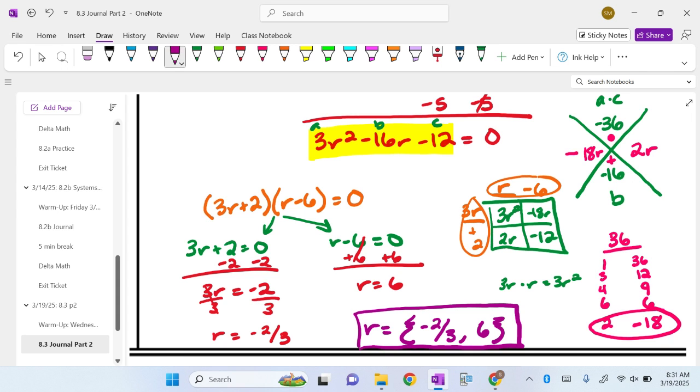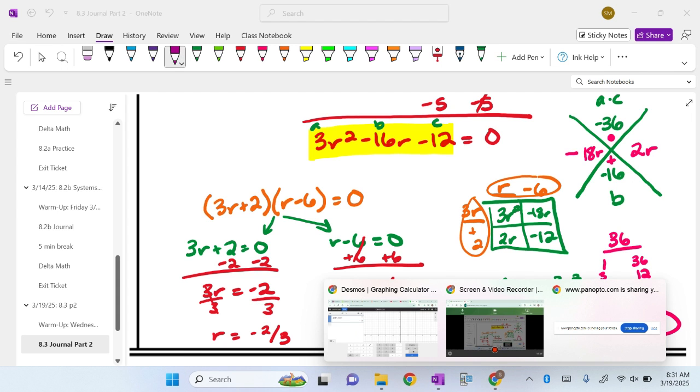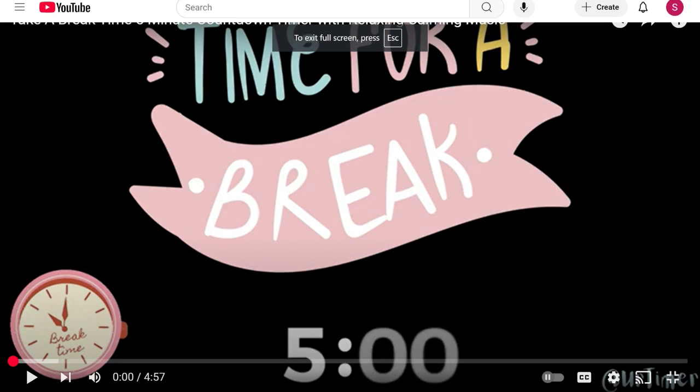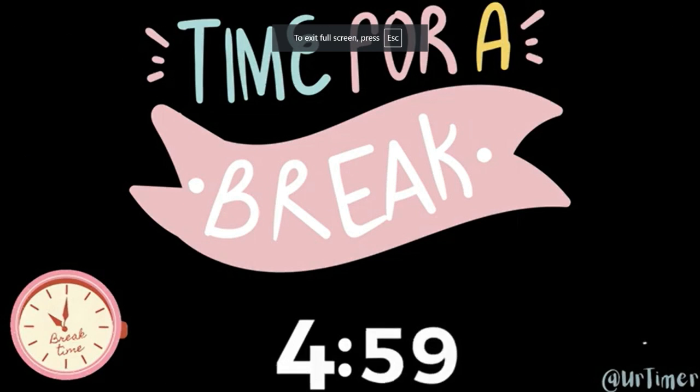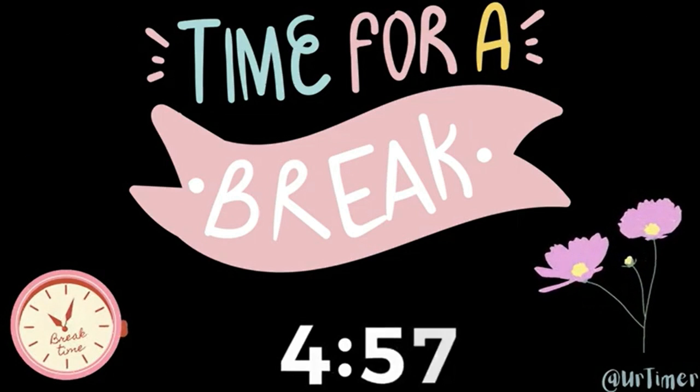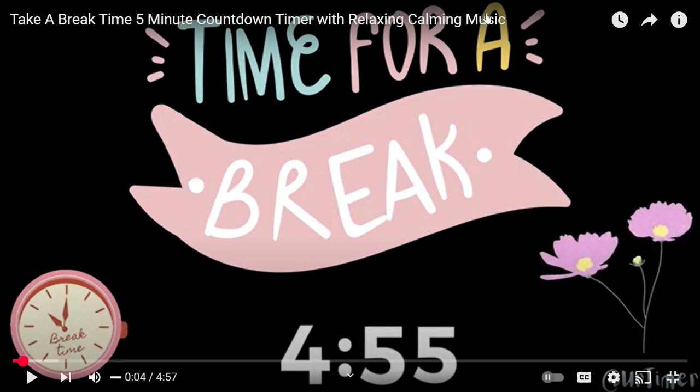All right, we're going to go ahead and take our 5-minute break. If you need to use the restroom, go ahead and do so. You need to be back in this room by the time this timer goes off. So all my little sleepyheads, y'all need to be awake by the time this timer goes off.